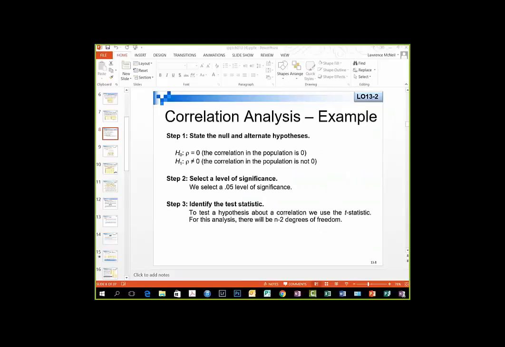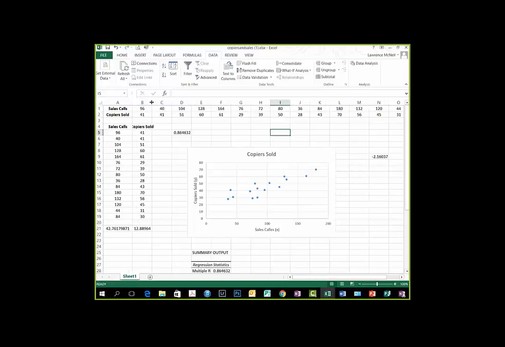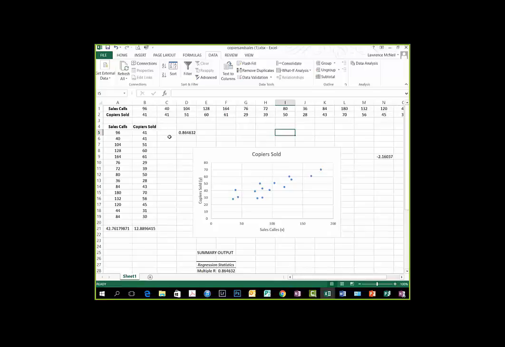Okay, so I am back to my Excel data, and my Excel data gives me those 15 observations, and here is my calculation, right? It's something called equals CORREL. That's the function in Excel that you want to employ in order to get the R.